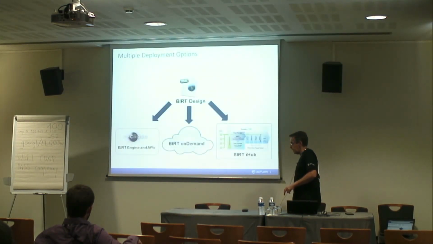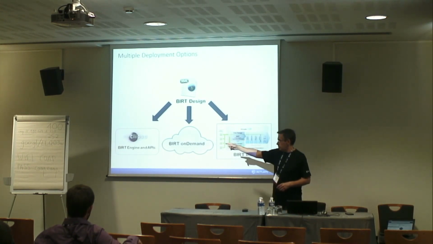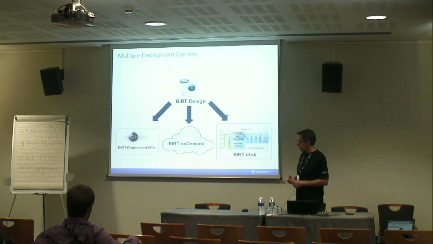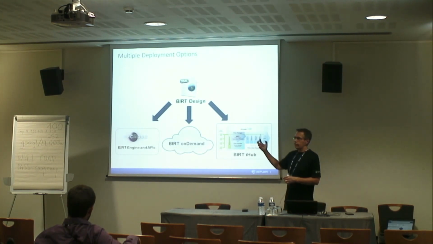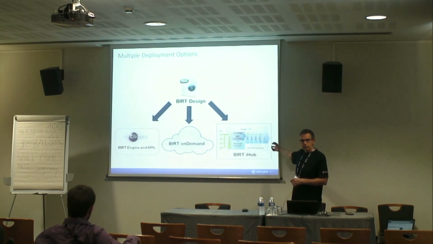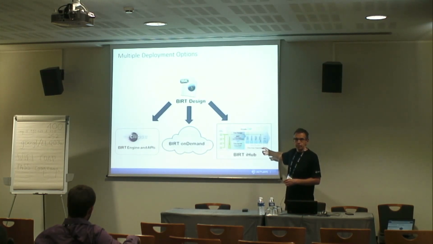Now, in terms of deployment options, I just talked about the first one, which is the open source. There's a commercial version of BIRT called the BIRT iHub, provided by Actuate. What we've done is integrate that BIRT engine into our reporting server.